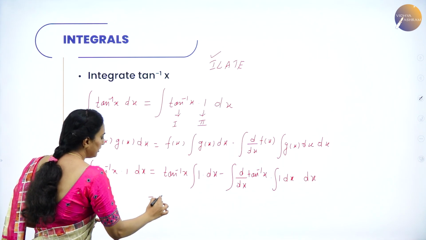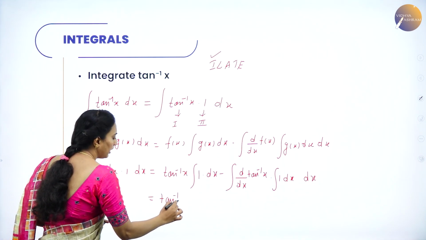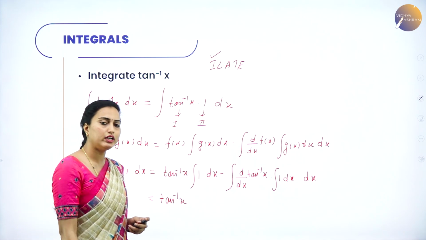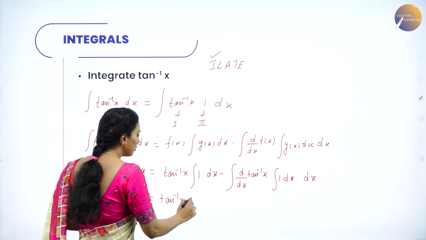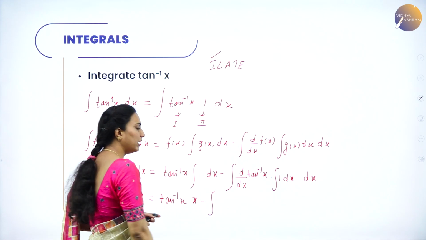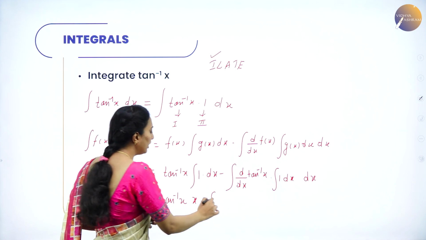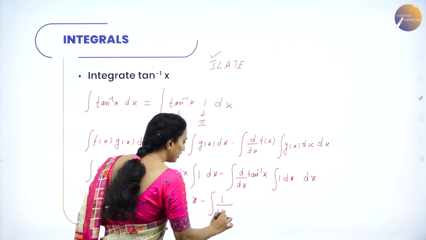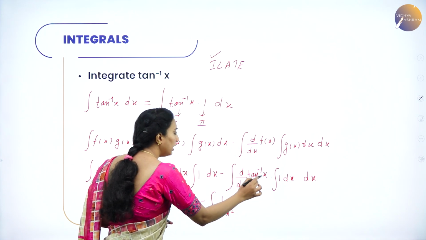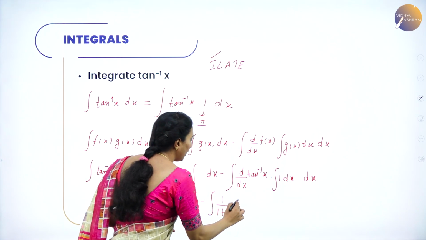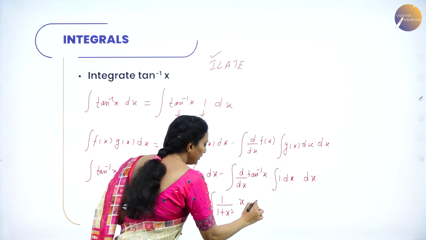Again, further simplification gives you tan inverse x. You know integral of 1 into dx is x only. So x minus d by dx of tan inverse x, which is 1 divided by 1 plus x squared, isn't it, into integral of 1 into dx, which is x, into dx.